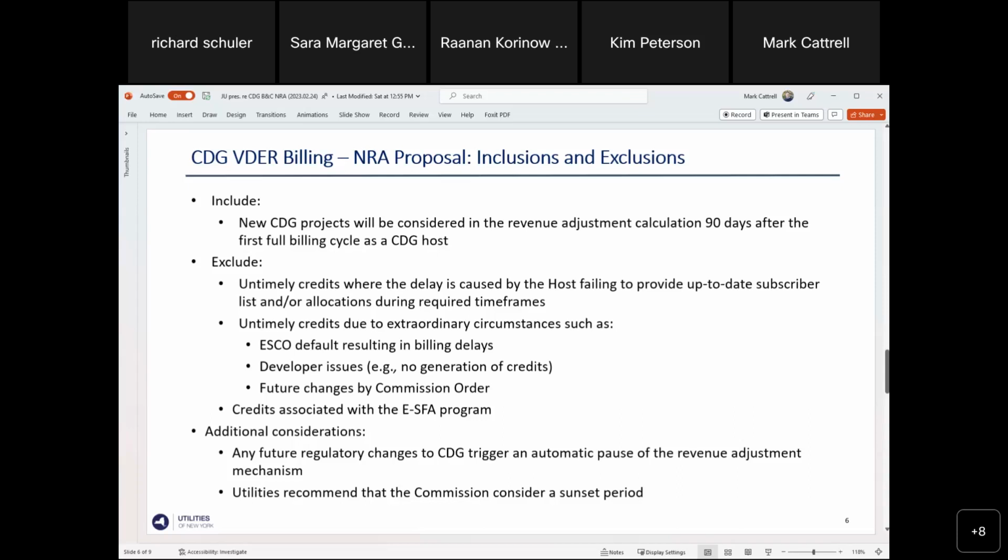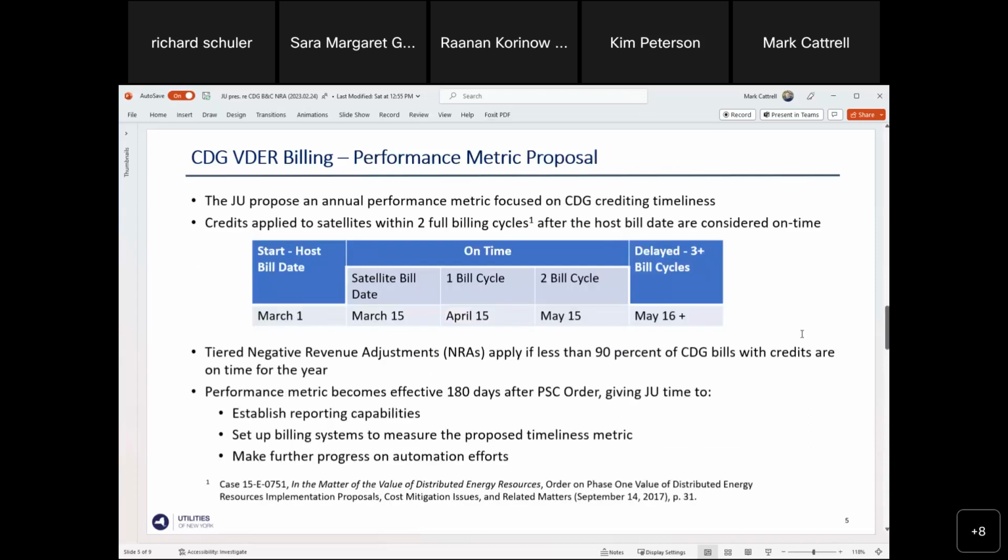I'll just say if we go back to the timeline, I believe our intent was that the host bill date is not necessarily when the host bill is generated, but is the earliest point at which the host bill could be generated. So that would be the start of what triggers the cycle of the measurement.